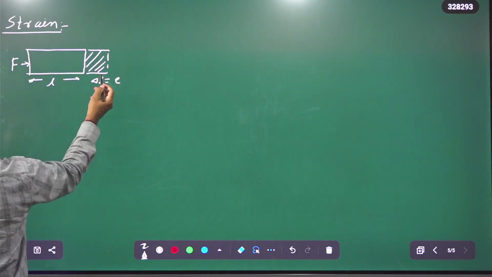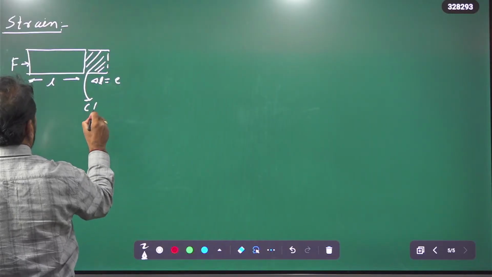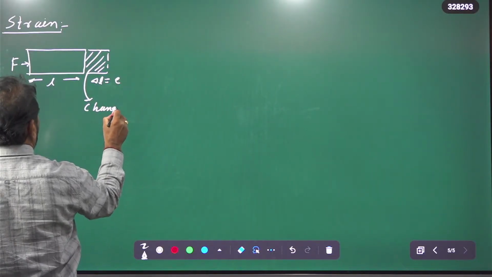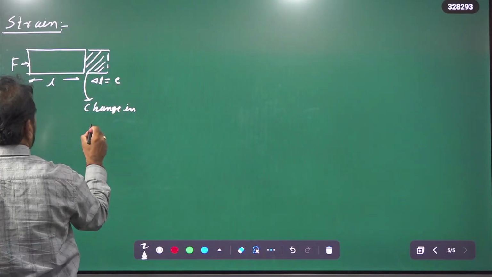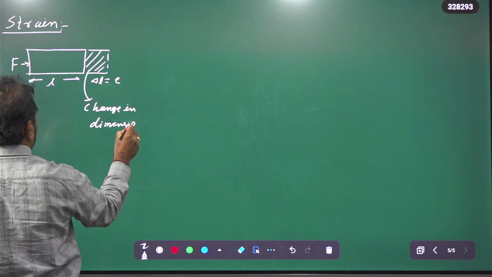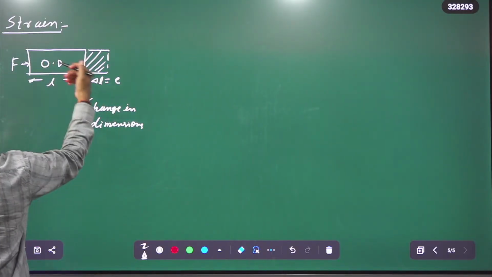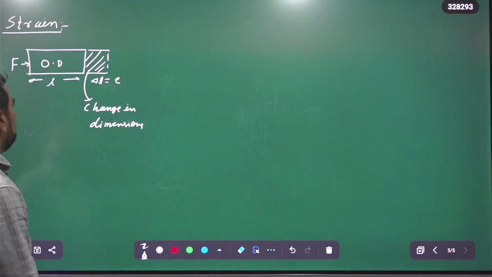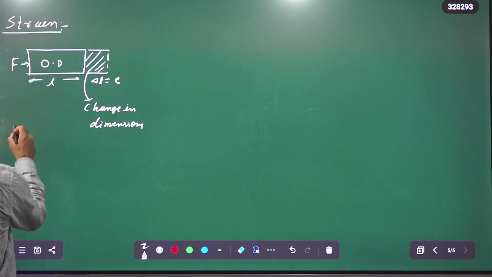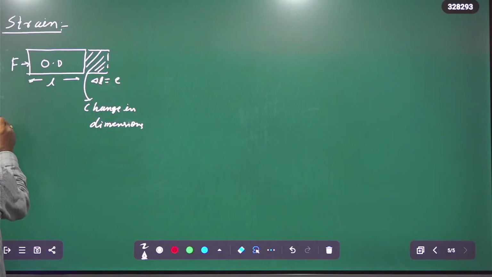That means if this is the change in dimensions, and this is the original dimensions, the ratio of change in dimensions to original dimensions is called strain. Strain means what? It is a ratio.